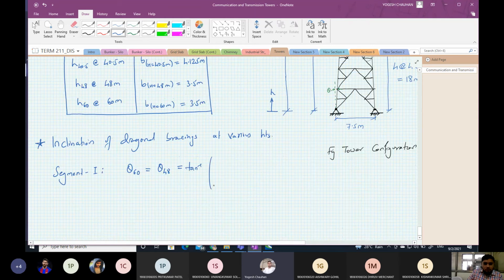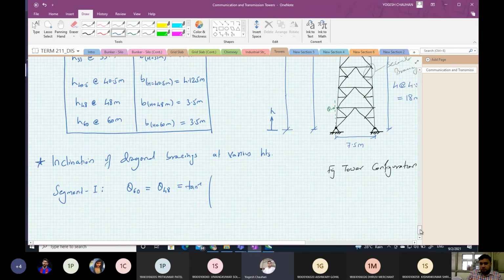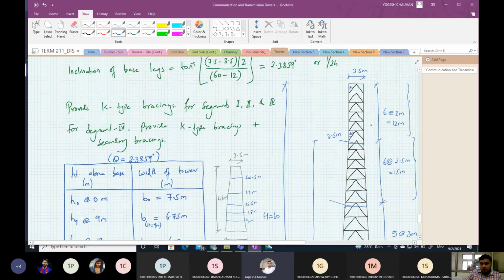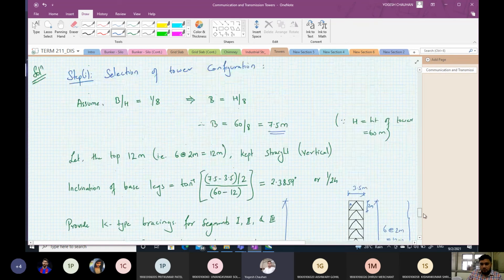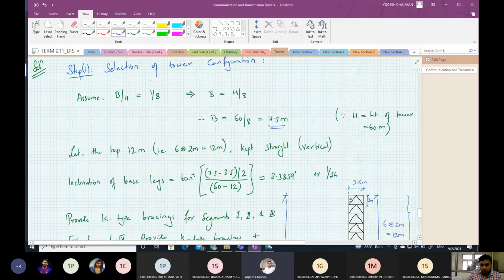tan inverse. The height of each panel in this segment is 2 meter. So 2 by half the width of the panel, half of this, because we are finding this angle, so we need this distance.